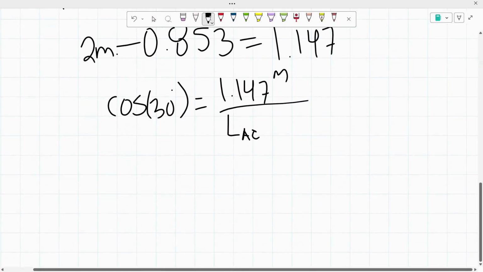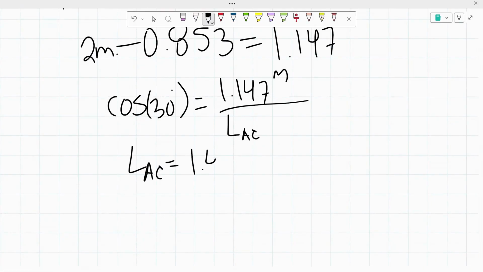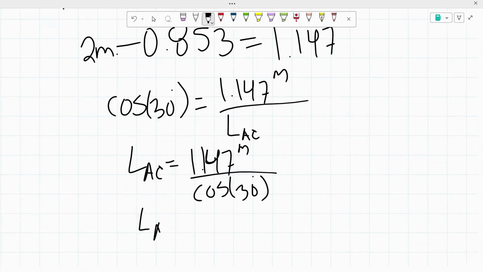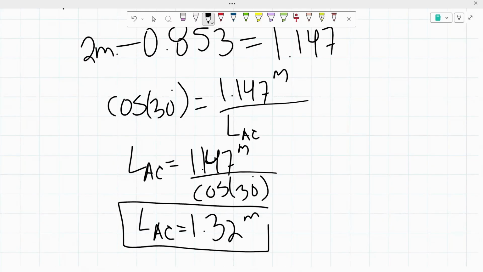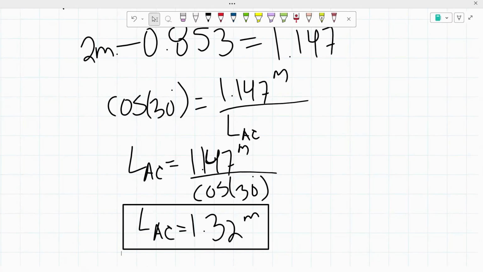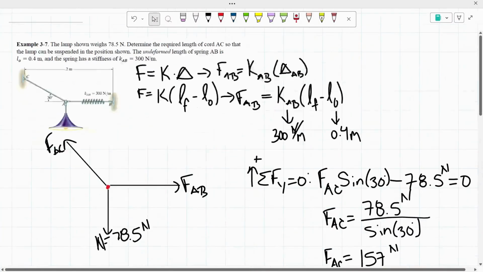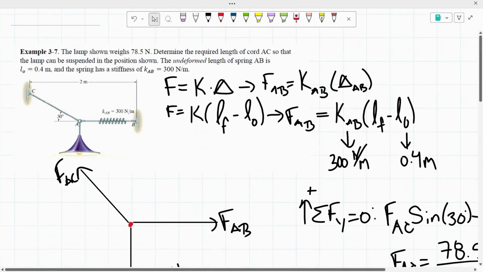So if we solve for the length of AC, we get 1.147 meters over cosine of 30. If we plug that into our calculator, the length of AC is 1.32 meters. And just like that, we were able to find the required length of AC to be able to hold the weight of the lamp.